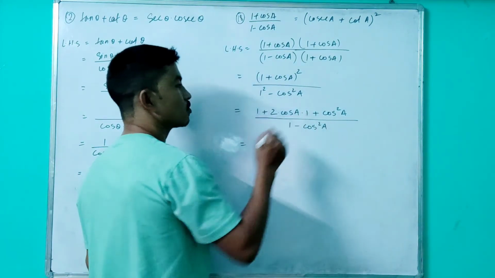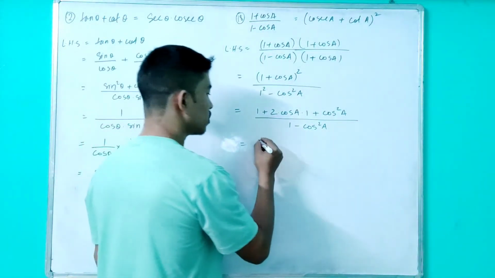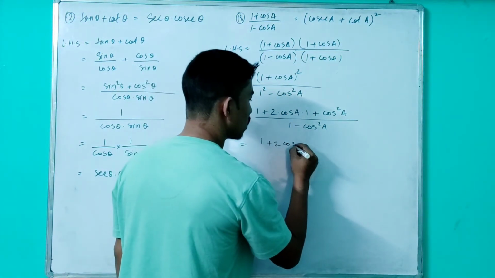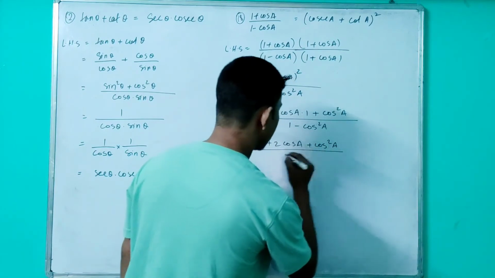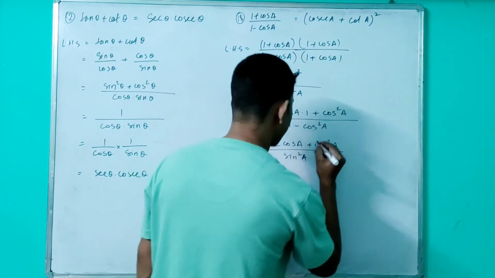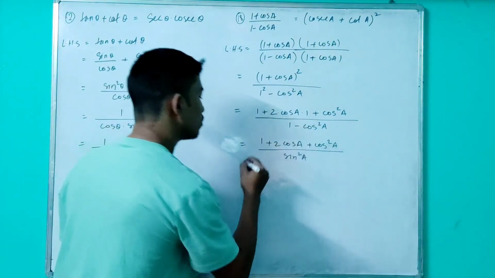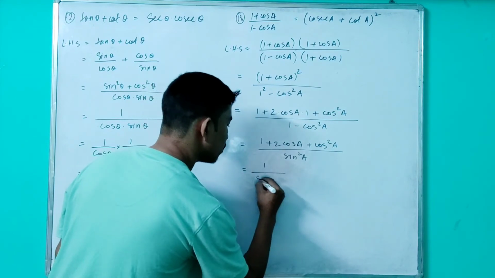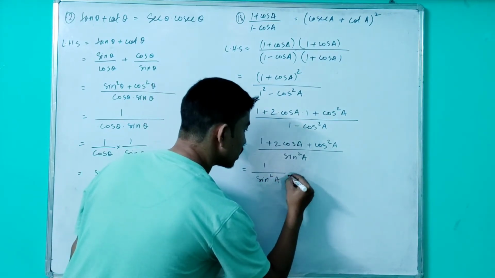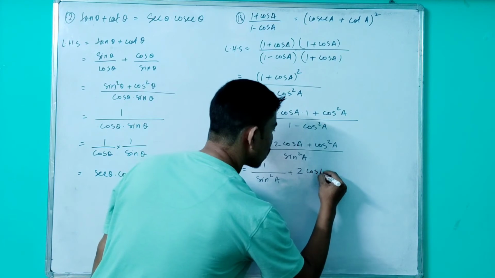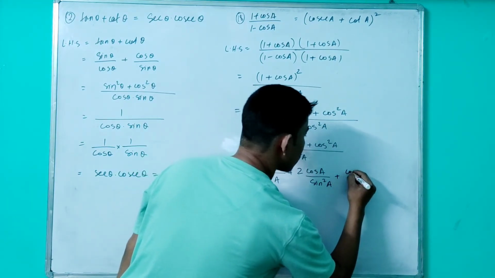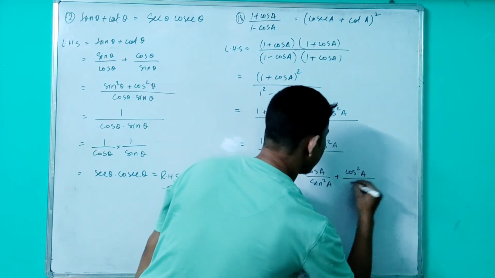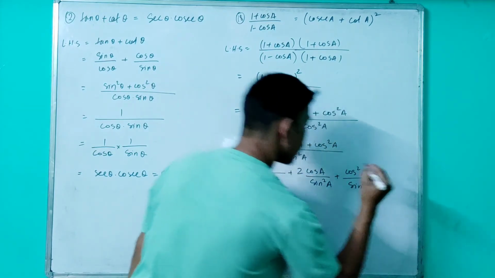So 1 minus cos square a is equal to sin square a, so I will replace the value. It is 1 plus 2 cos a plus cos square a divided by sin square a. Now I will separate the denominator for each of the terms. So it will be 1 divided by sin square a plus 2 cos a divided by sin square a plus cos square a divided by sin square a.